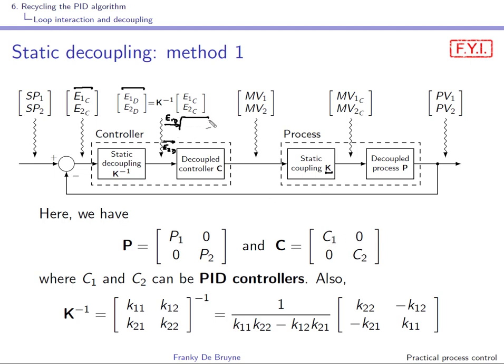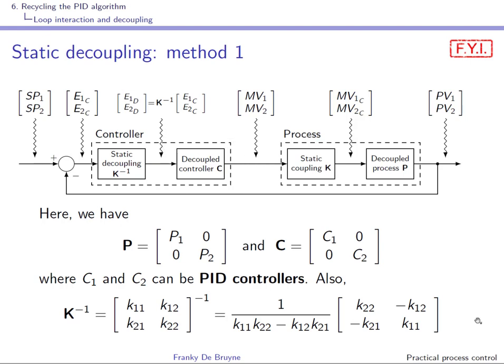In most cases there will be PID controllers, so you'll have PID1. This will produce MV1, right? And taking this second decoupled error, you'll have PID2, and it will produce MV2.